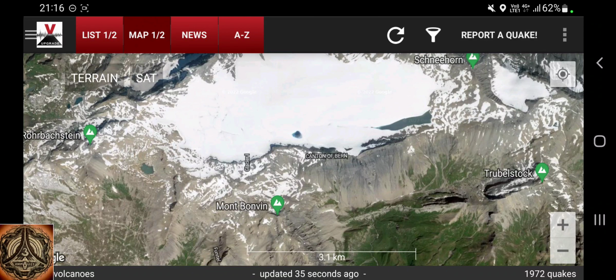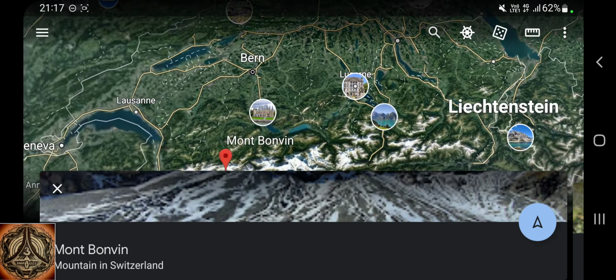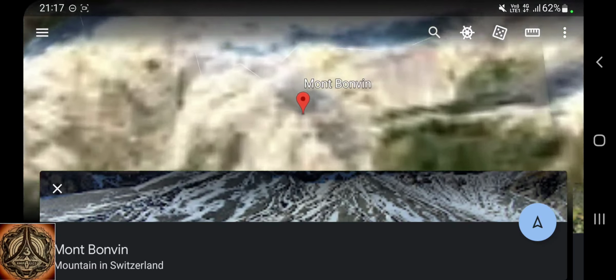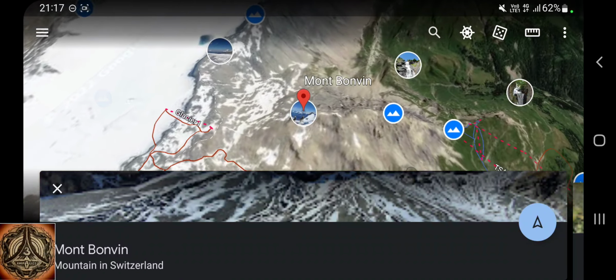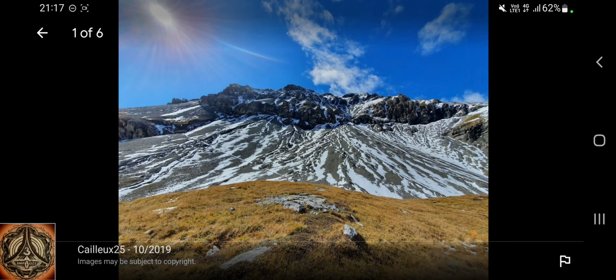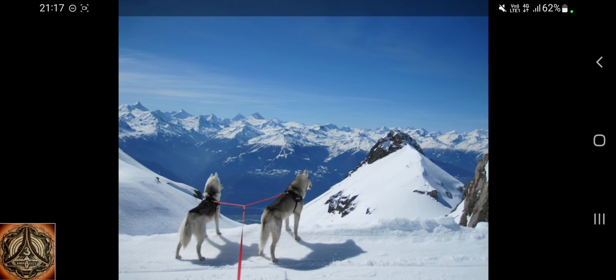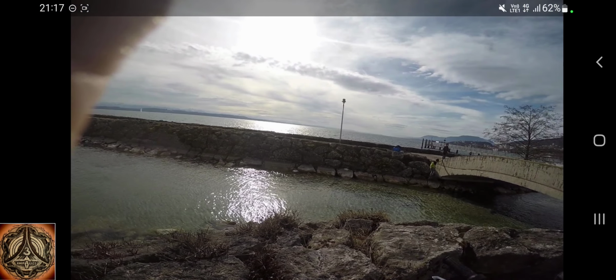Mont Bonvin. Now let's check it out and try to find it on Google Earth. Mont Bonvin. Yet another cryptodome. So now let's have a quick look on what's going on there.